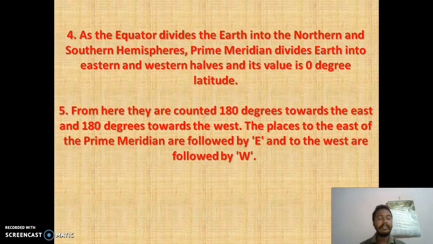Those on this side are written as 10 degrees west, 20 degrees west. So it is the same as latitude, but here longitudes are drawn 180 on both sides, and latitudes we read are 90 and 90.